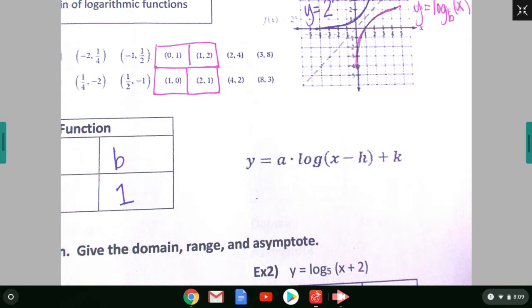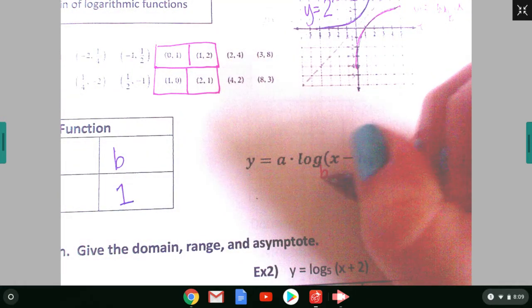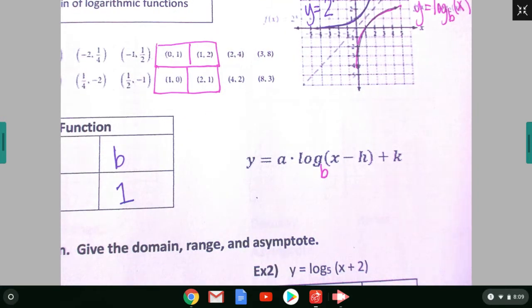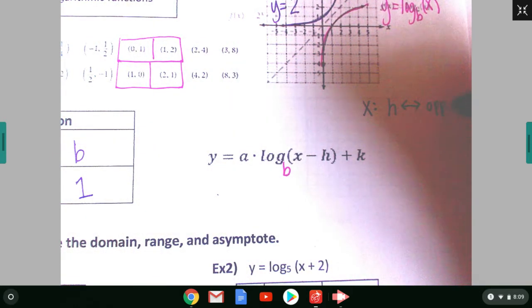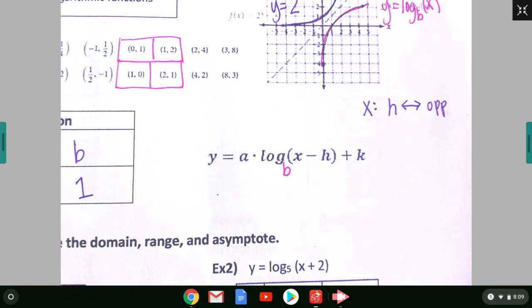y equals a times log base b of the quantity x minus h, plus k. And this a and h and k will work the same way they always have, whereas x gets affected by the h value, it's left and right, and it works the opposite of what you'd think. So if it's plus, it's going to go left. If it's minus, it'll go right.